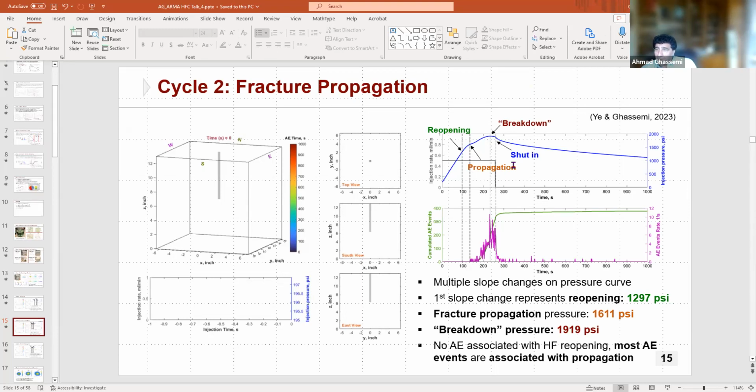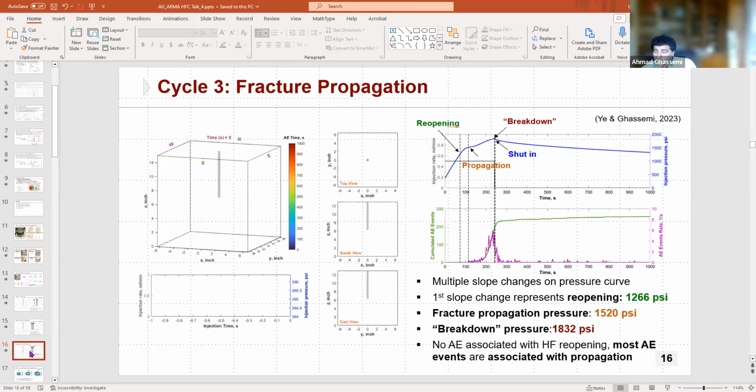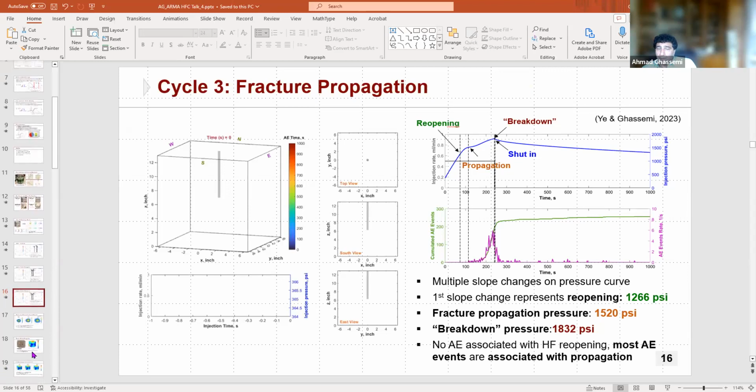So as I said, we repeat that, and we have 24 sensors that are recording the acoustic emissions, and we call a recorded hit an event if it's detected by nine stations. And so this is for stage 3, again very similar in terms of its response, not much AE during reopening pressure.